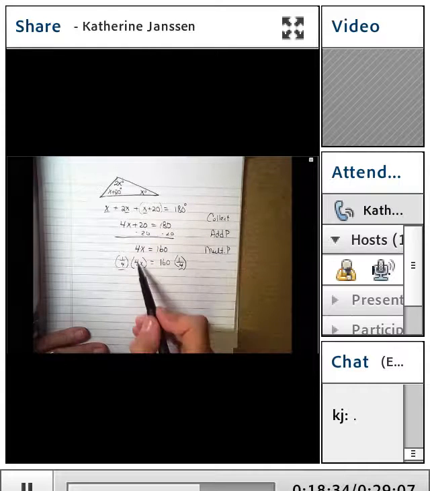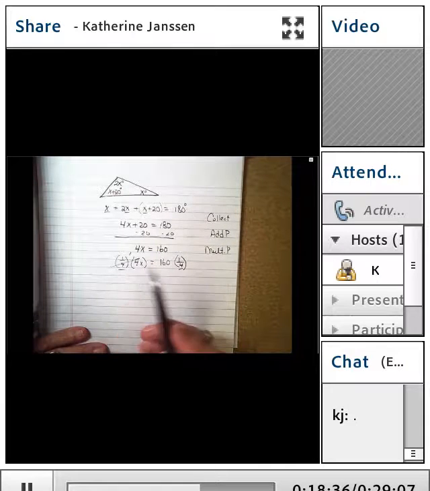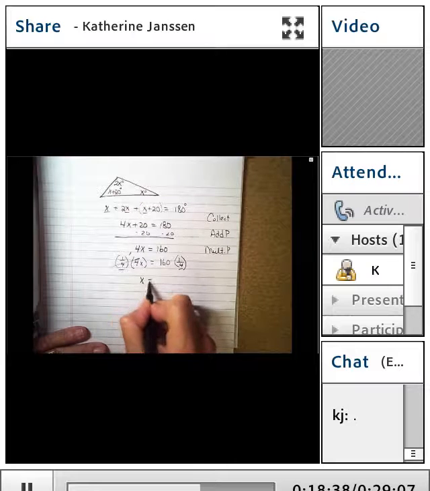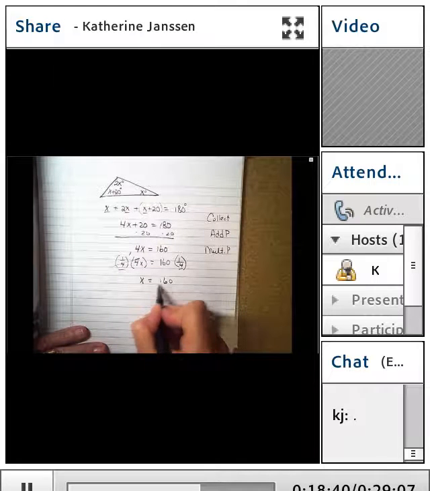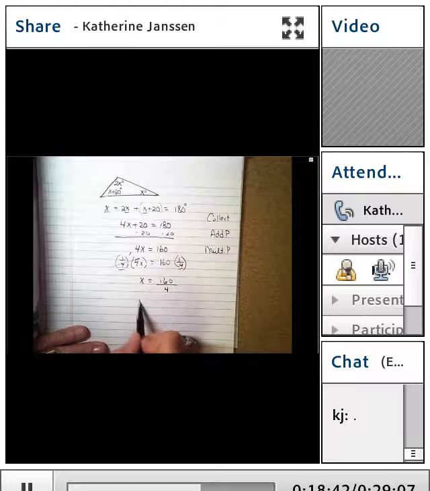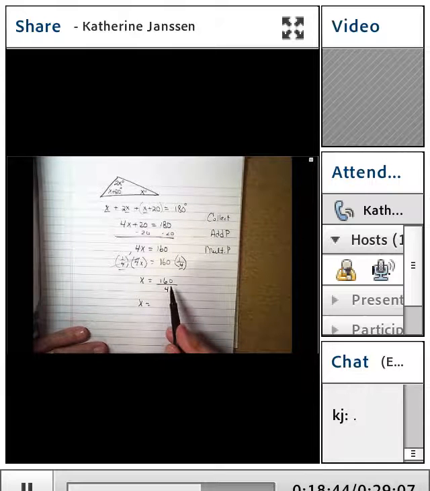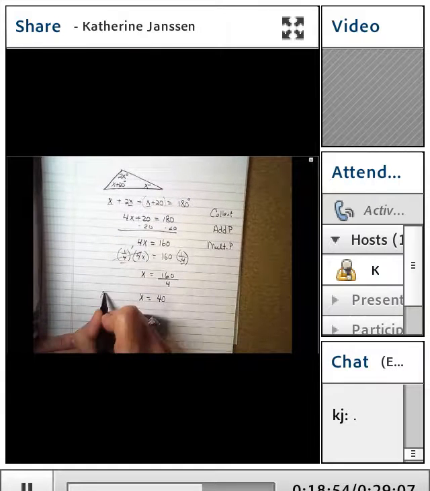A number times its reciprocal goes to 1, leaving x equals 160 divided by 4. x equals, 4 goes into 160 40 times. So our first angle is 40 degrees.